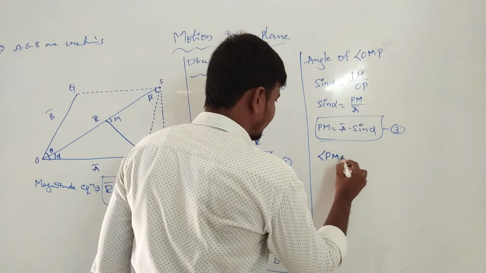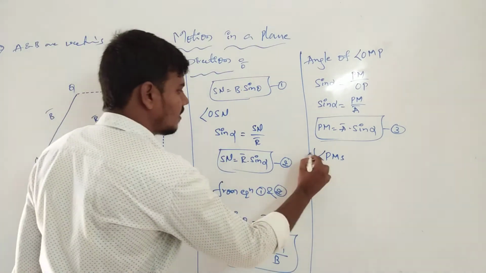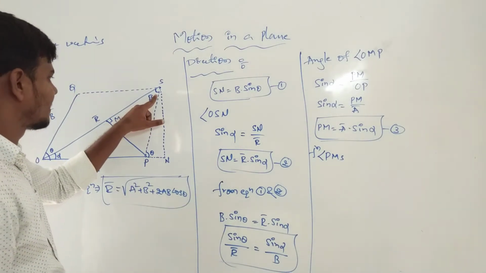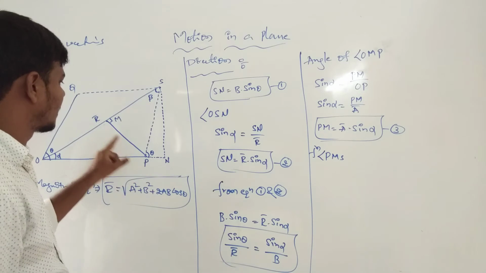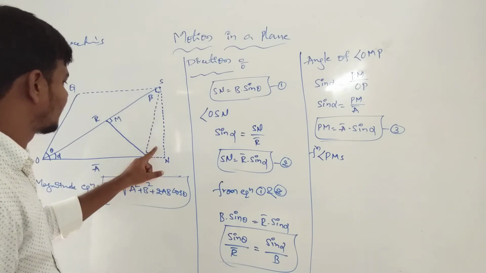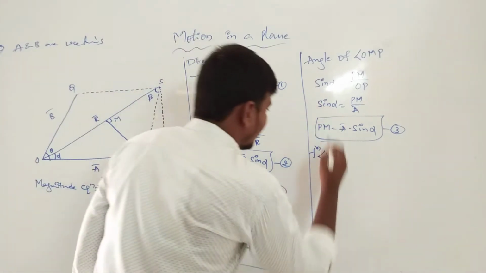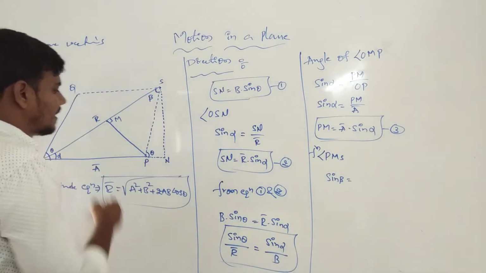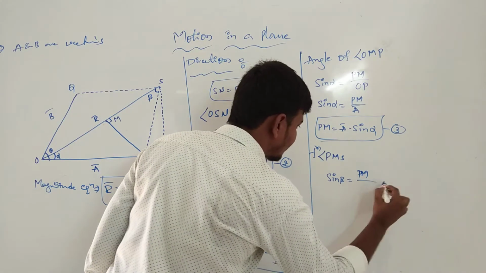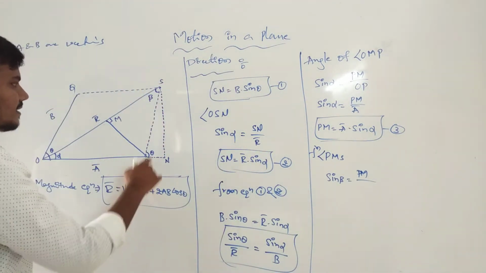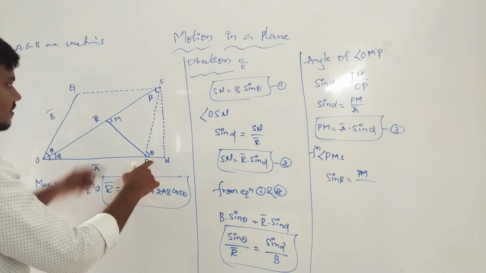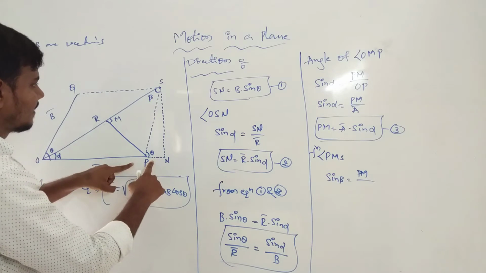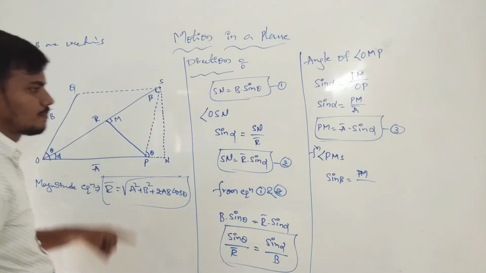From angle PMS, the sin beta representation is opposite by hypotenuse: opposite is PM, hypotenuse is SP.